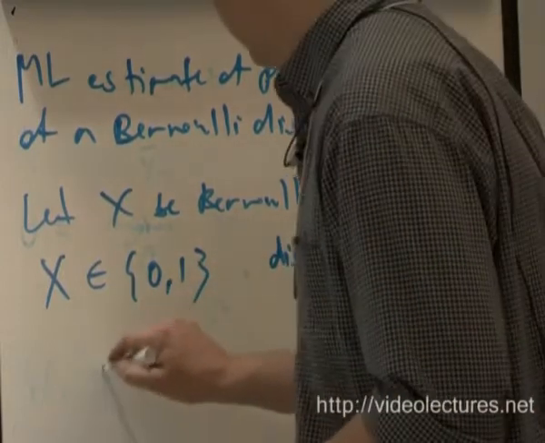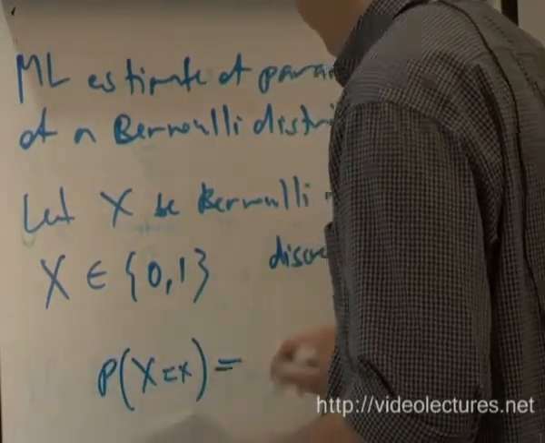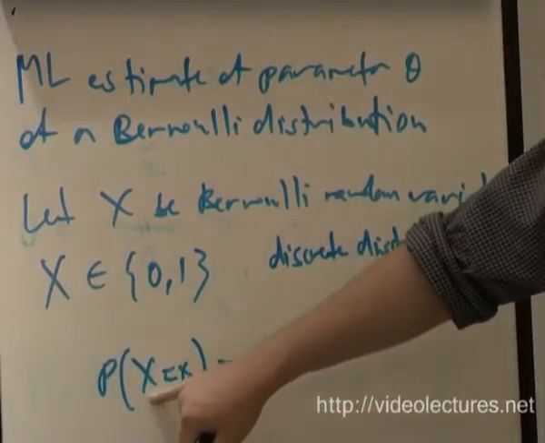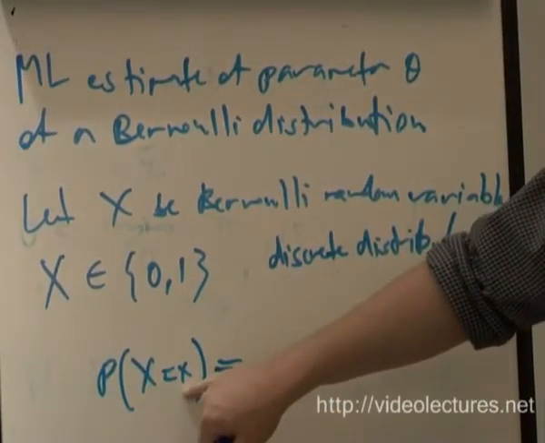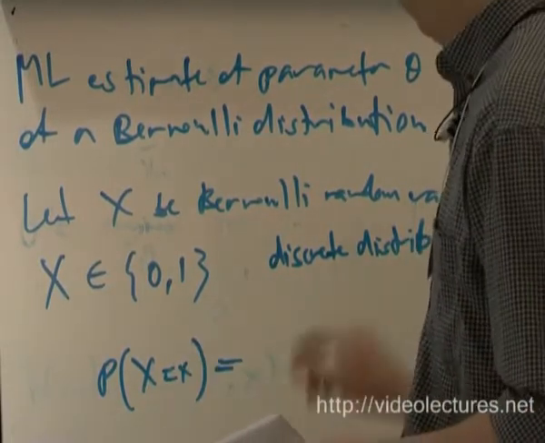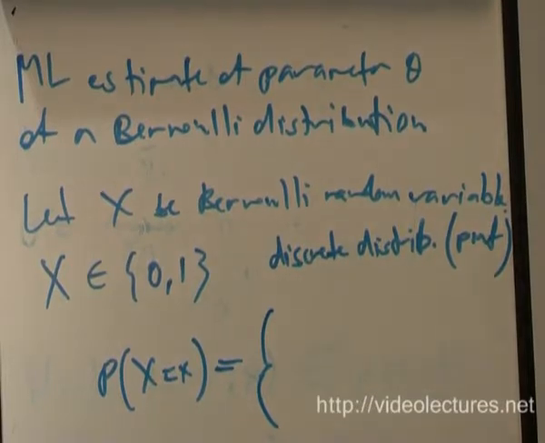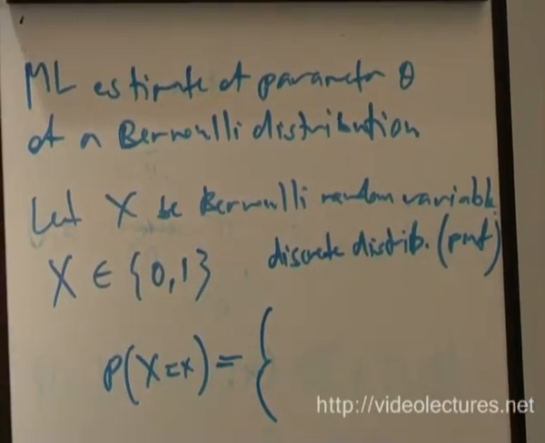And so probability of X equals x equals, so here's the random variable X, and here's its possible outcomes, which are either 0 or 1. So can somebody tell me what's the formal way of stating the probability of the different outcomes for a Bernoulli distribution with parameter theta?